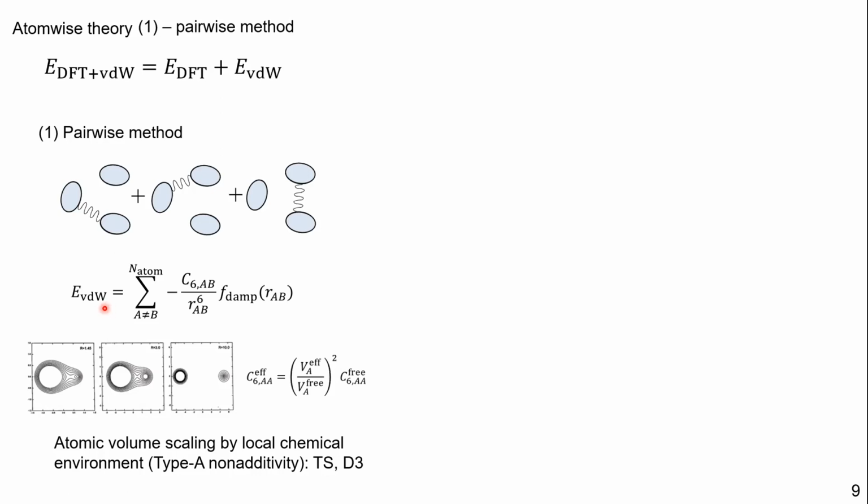And to reflect the chemical environment where the molecules exist, they calculate the effective C6 coefficient, which determines the strength of the van der Waals interaction energy, based on the Hirshfeld partition ratio between the free atom volume and the effective atomic volume based on the DFT atomic density.